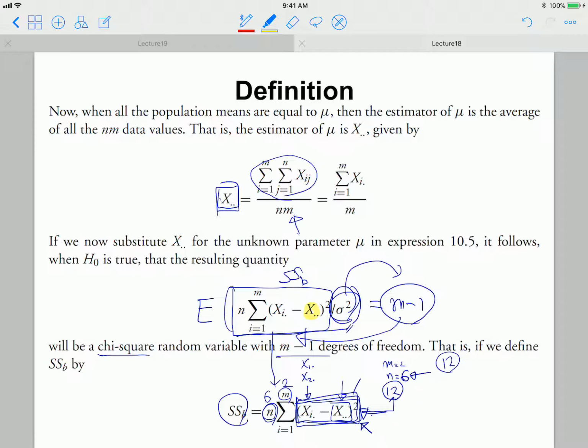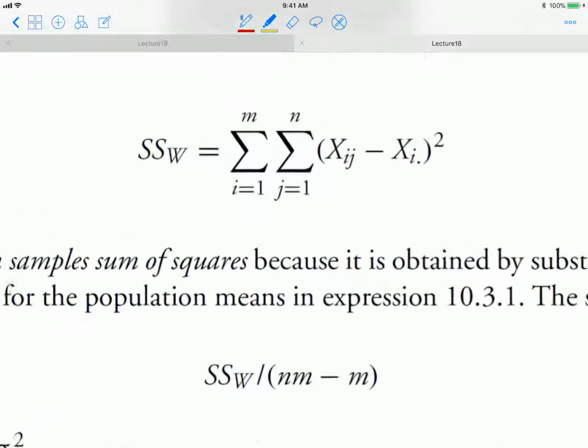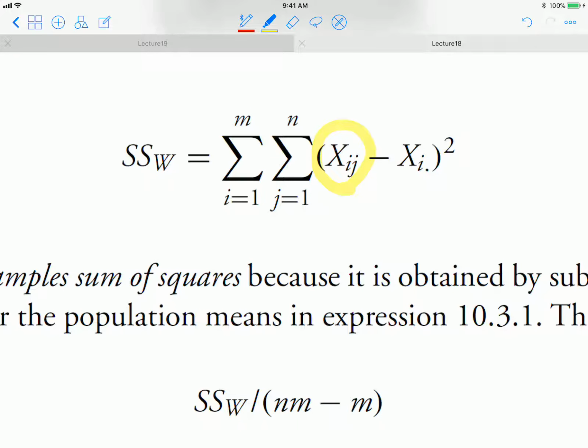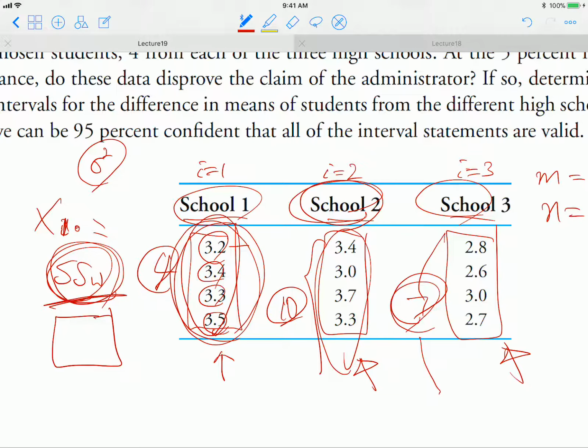SS of W is simply this guy. For each individual observation, we subtract its corresponding sample mean from it and then take the square of it, right? So that is simple. And then after obtaining it, we have to divide it by some value so that we obtain this estimate of sigma squared. So what should be the value of it?